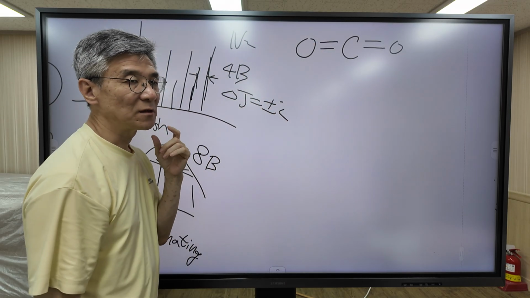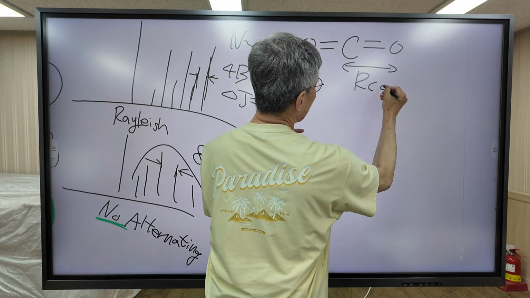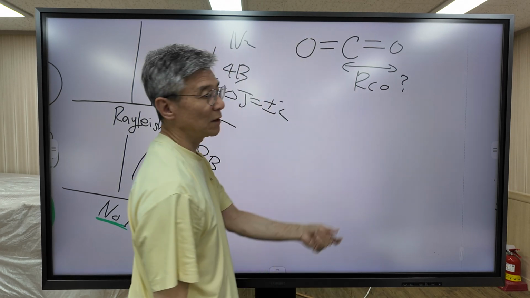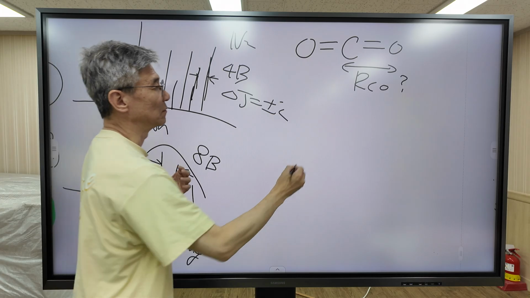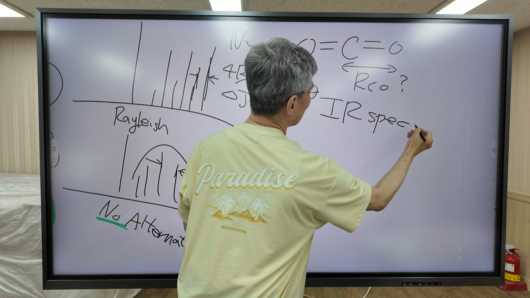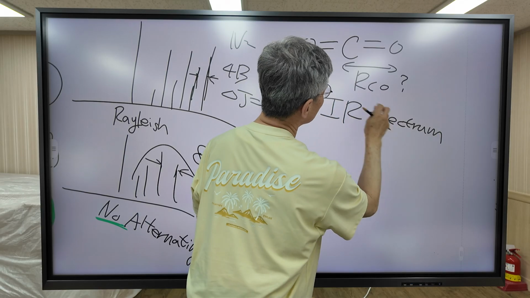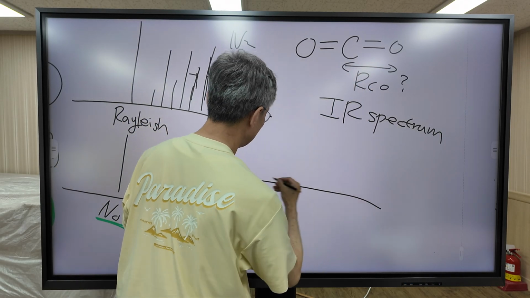Let's see, I want to measure the distance between CO bond lengths. I want to determine the CO bond length. So I want to measure the IR spectrum to determine the CO bond length. So the spectrum looks like this.